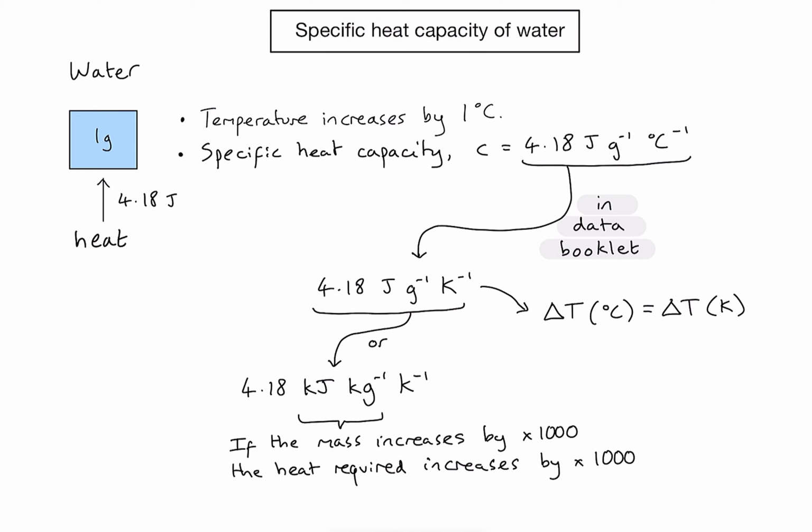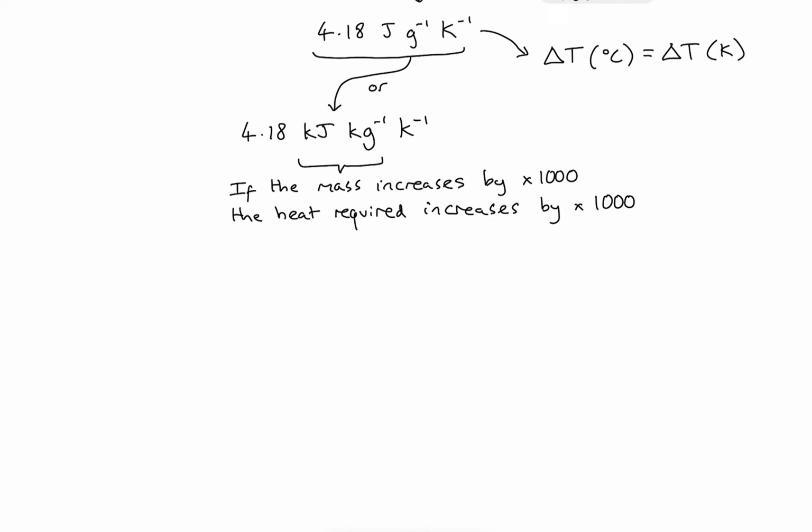So we can simply write kilojoules per kilogram per Kelvin instead. So let's take a quick look at those units in a bit more depth and see if we can work out the formula to use when we are given information about specific heat capacity.